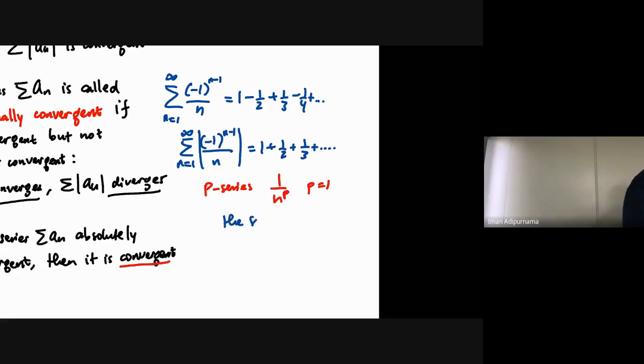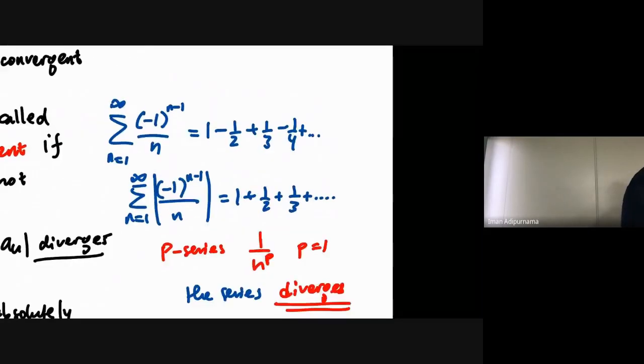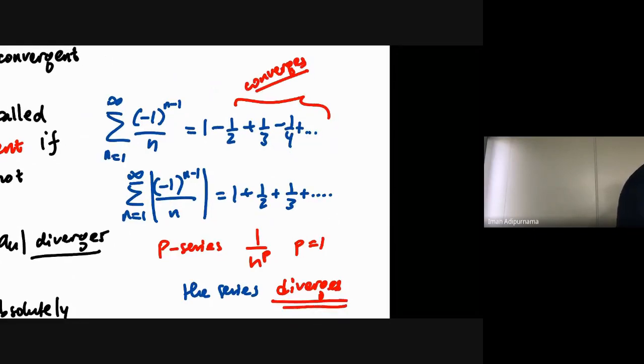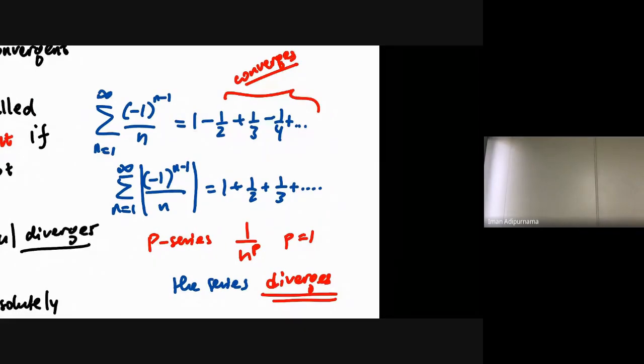So the series diverges. But if we look at the alternating series, it converges. So in this situation, the series converges but its absolute value diverges, so we say this is conditionally convergent.